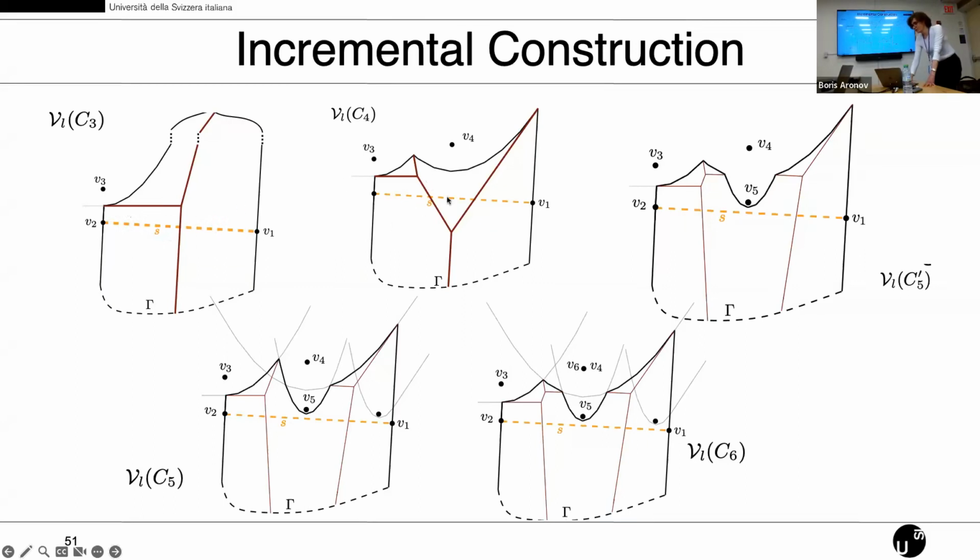And then we do the incremental construction, we insert V4, then inserting V5 would split the region of V4 in two. If here we call the deletion algorithm, we will get rid of one of them, and we will remain with this. And then at the end, we will insert V6, and we will derive what we need.